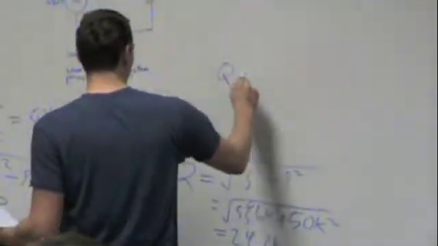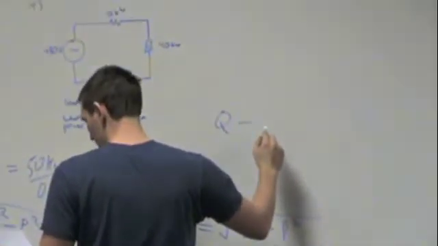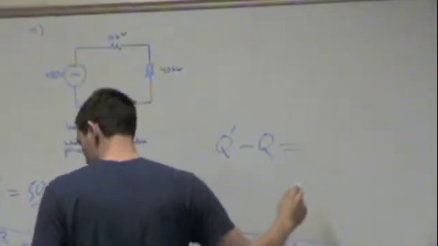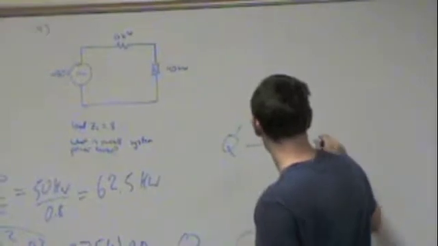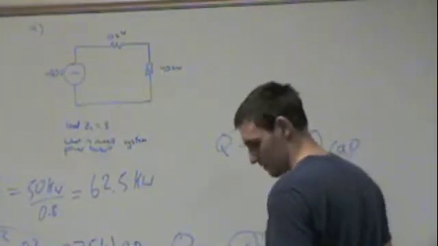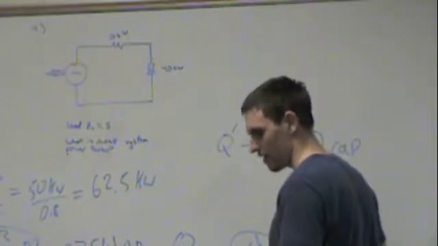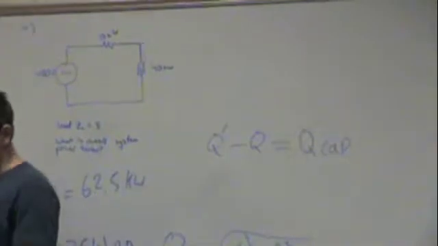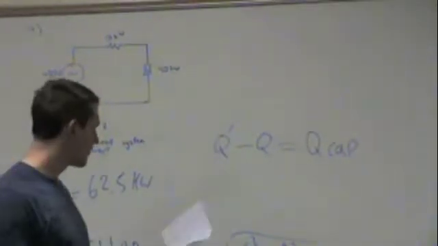So now we have Q minus Q prime. No, other direction. Q prime minus Q equals, how are we going to get Q capacitor. I mean, yeah, we are going to get a negative. You're right. That'll happen. But 13,000?